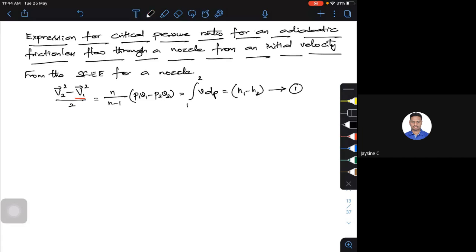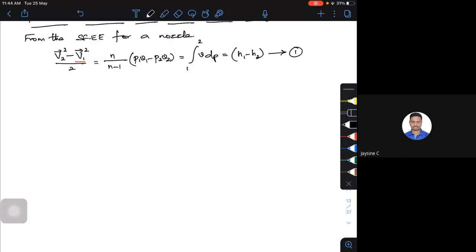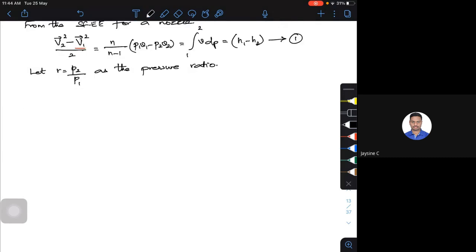Okay. Now, let us define R as the pressure ratio, R equal to P2 by P1. If I define it, I can write equation 1 as (V2 square minus V1 square) by 2 equal to, so I am only going to consider this and this.